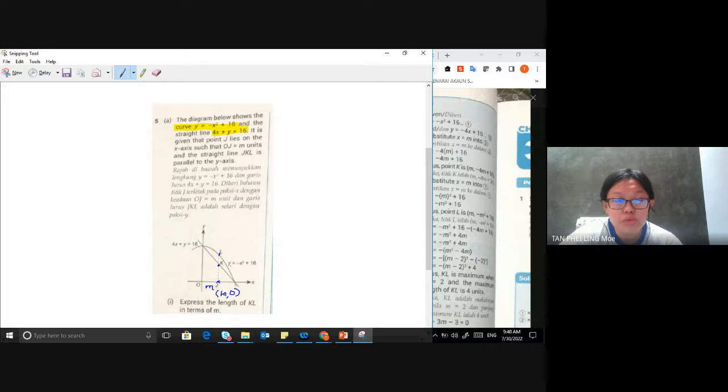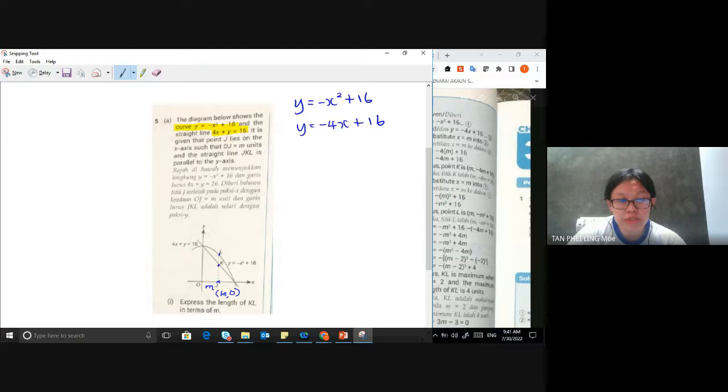The curve is y equals negative x squared plus 16, and the straight line is y equals negative 4x plus 16.